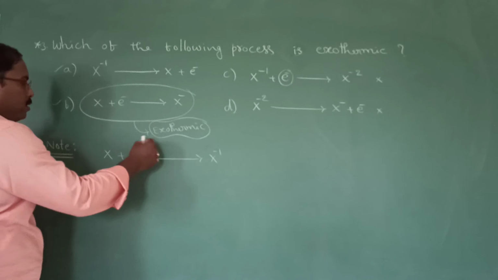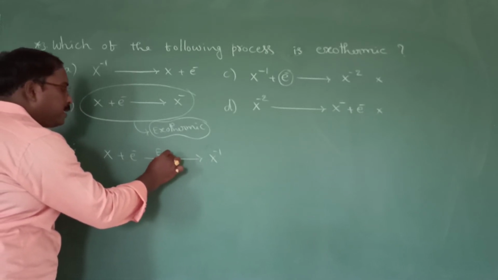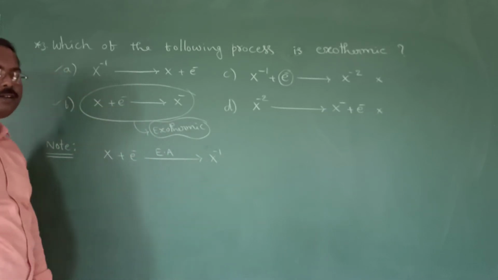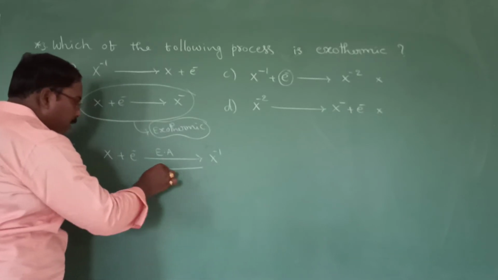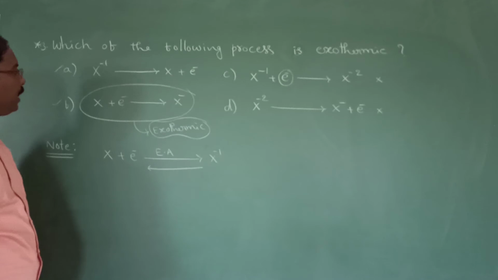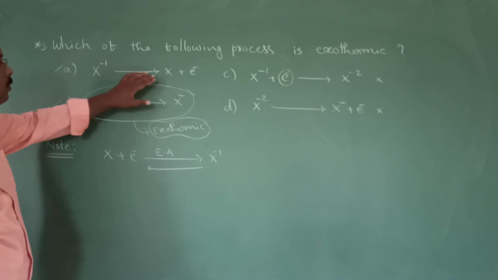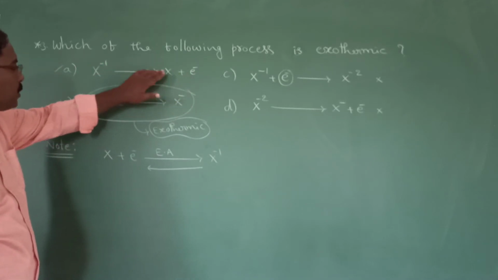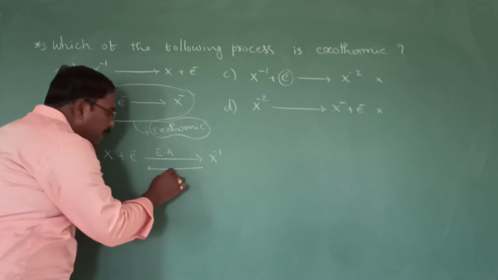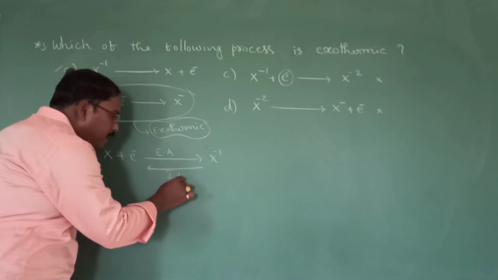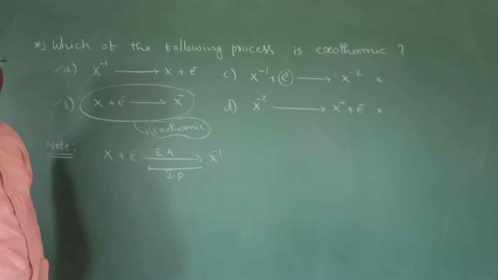So the corresponding energy released, we call it electron affinity. The reverse process, from x minus when we remove an electron, corresponds to ionization potential.